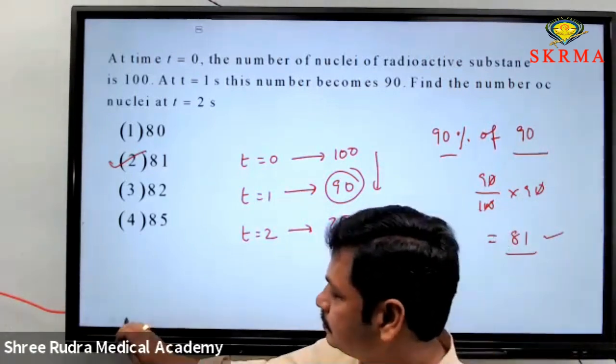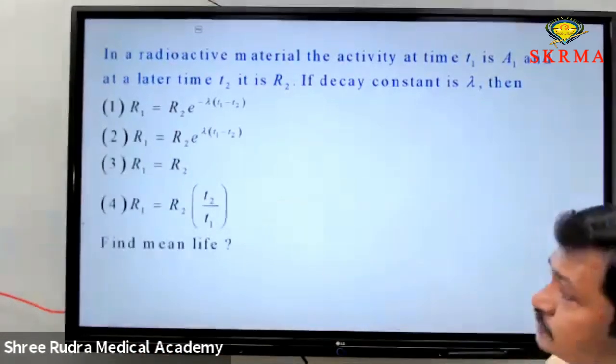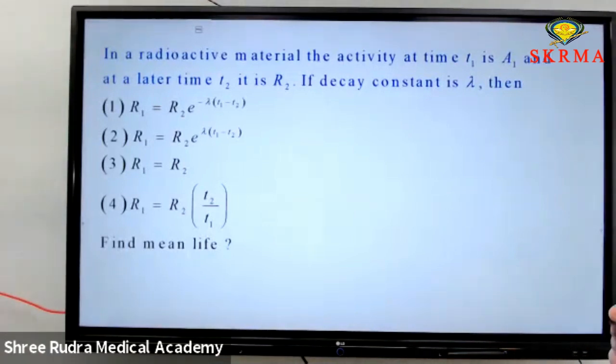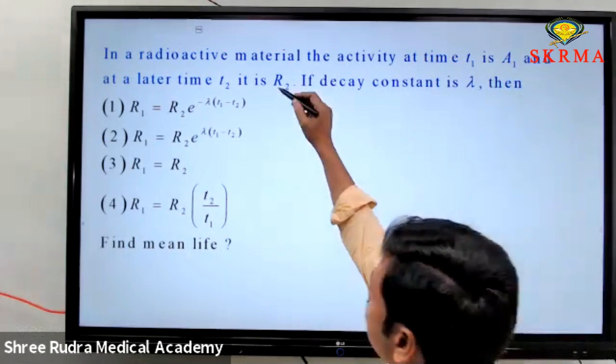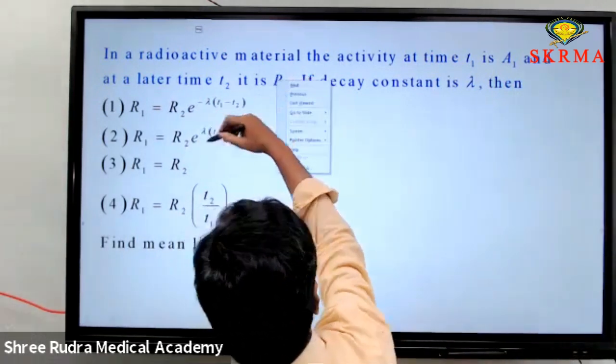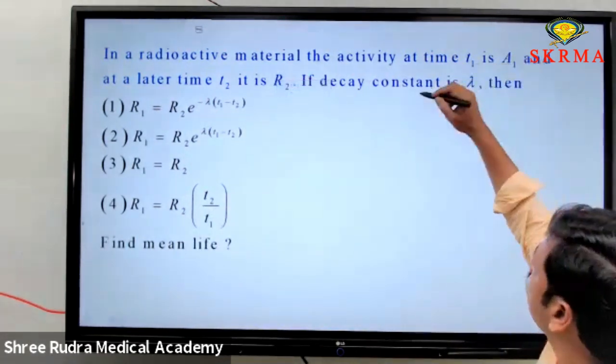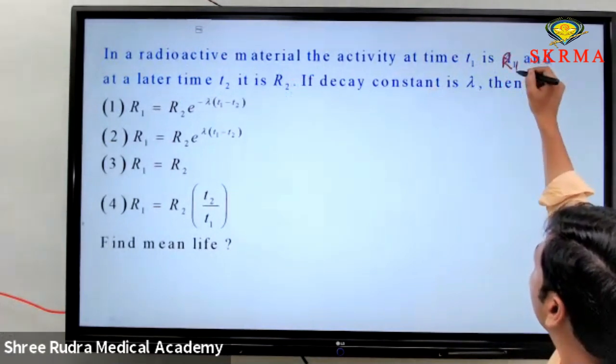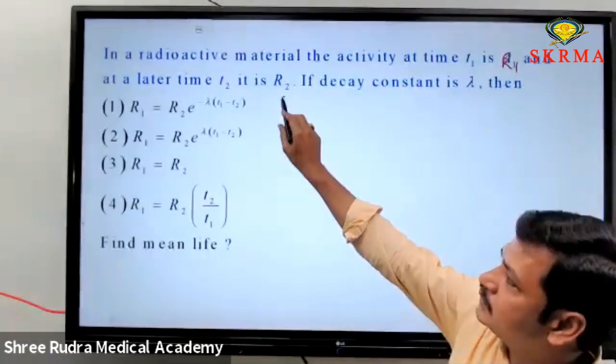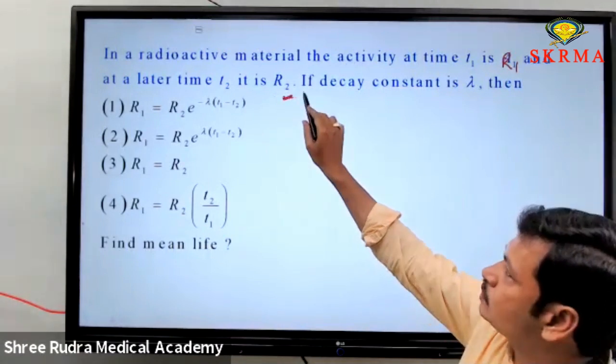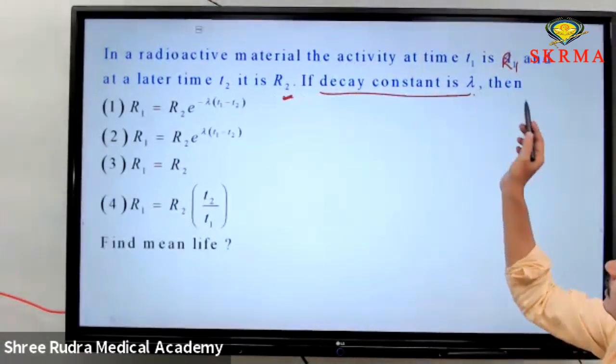Coming to the next problem, which is also very important. For a radioactive material, the activity at time t1 is R1 and at time t2 the activity is R2, with decay constant lambda.